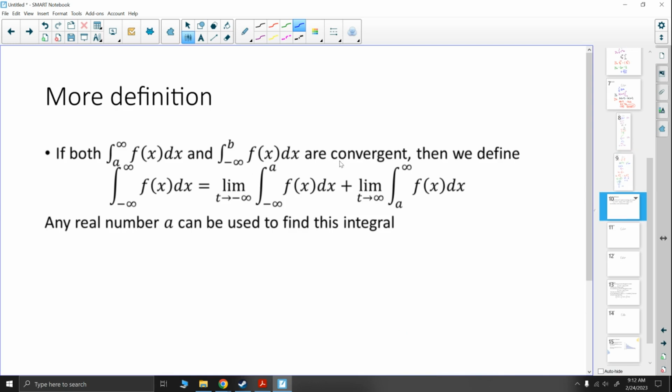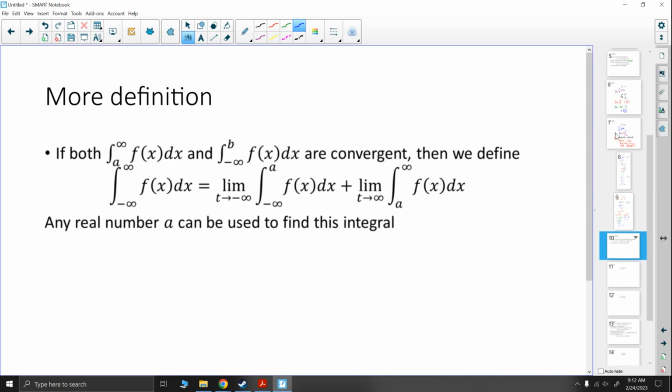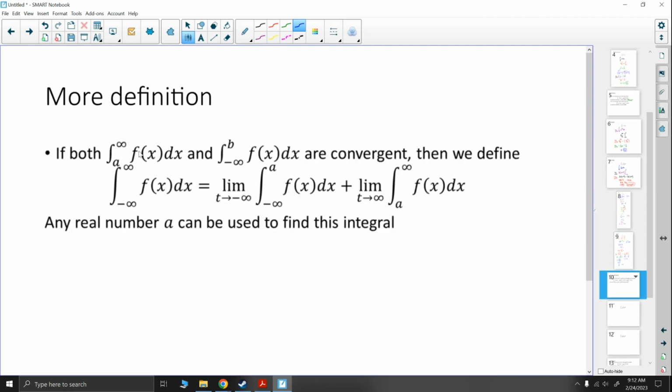What about when we have some, well, this is the definition continued from our first, and this is defining it for negative infinity to infinity. If we want to find negative infinity to infinity, first of all, the a to b and negative infinity to b here are convergent. Then we can define this.